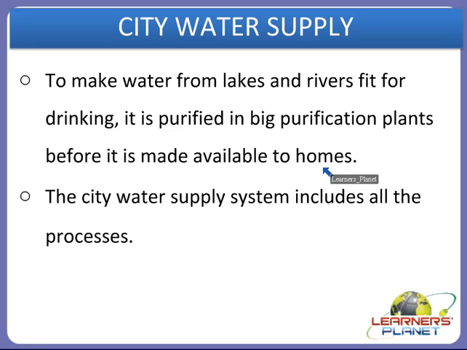That is why it is termed the city water supply, meaning the water which is supplied around the city. The city water supply system includes all the processes of removing impurities such as filtration, sedimentation, right?